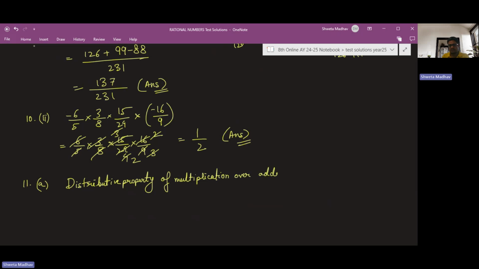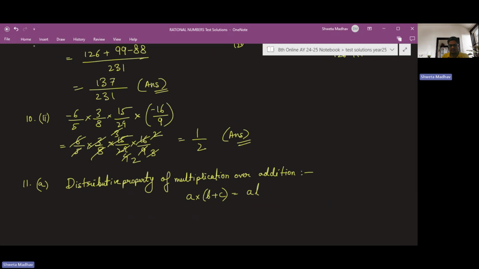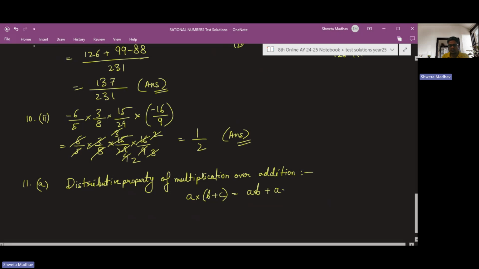The distributive property of multiplication over addition says that A times (B plus C) will be equal to A into B plus A into C.